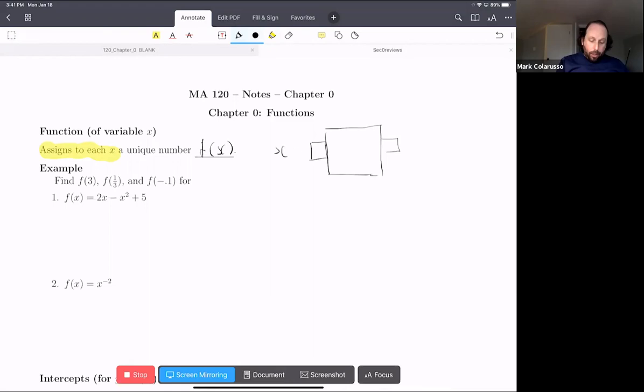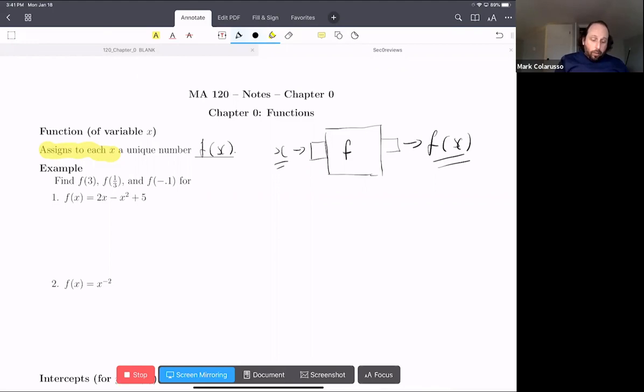We input into this machine a number x, call this machine f for a function, and the machine outputs exactly one number, which is this function f, or this rule f, evaluated at that number x. So it assigns to each input, each number that you input into the rule or the machine f, a unique output, which we denote by f of x, the value of the rule at x.